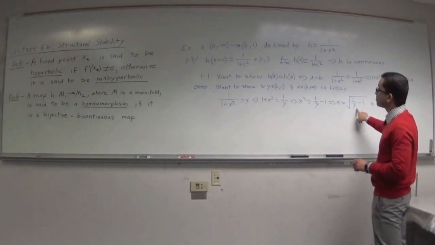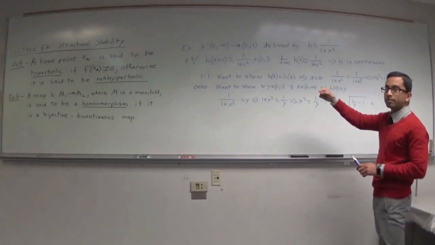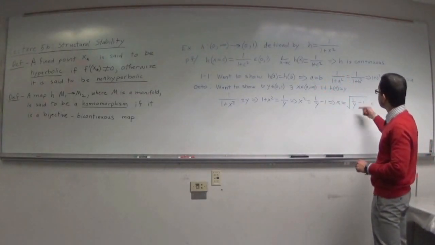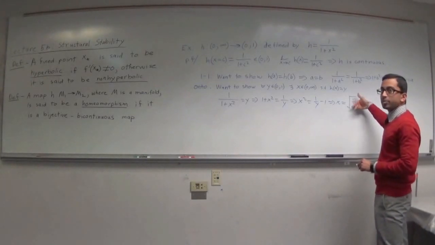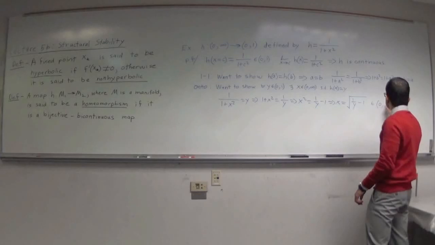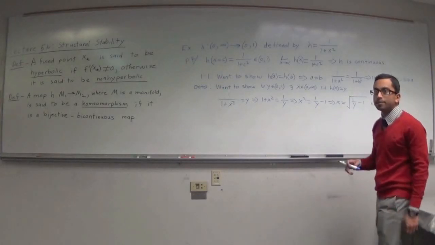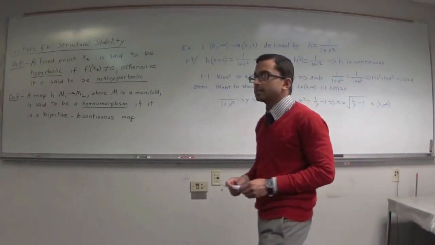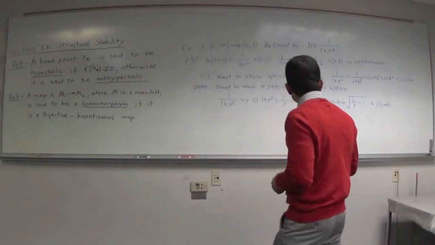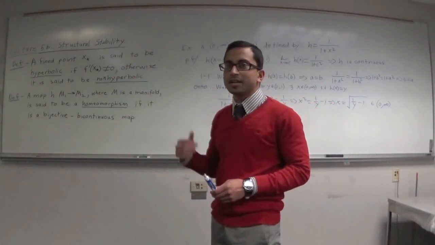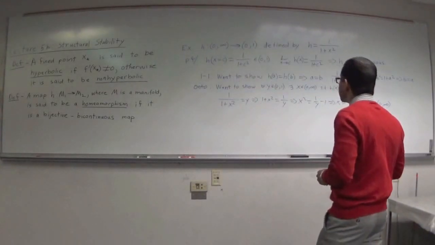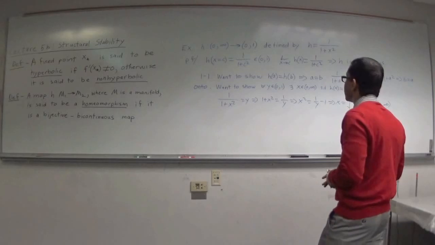So at y equal to 1, x is 0. As y goes to 0, this is getting bigger and bigger, so it's going to infinity. So this is in our original set. So that shows that it's onto. Those of you that take analysis will have to do plenty of this in analysis. So we showed all of that.